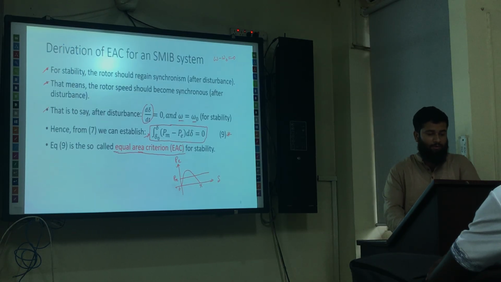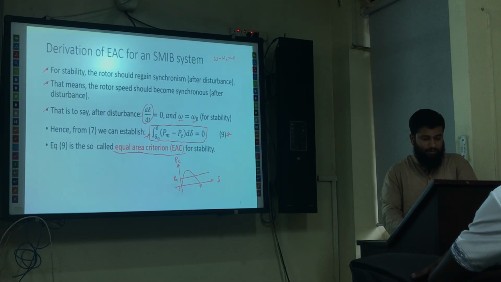Okay. Now, what does it mean? Look, the integration of some term under this term. The whole limit is delta naught. Let's say this is delta naught, and let's say this is delta.